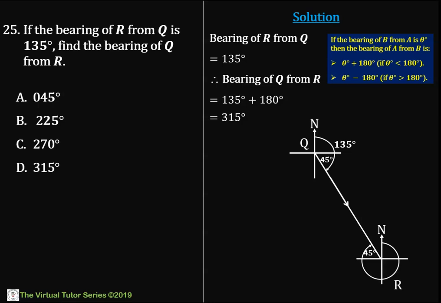And as said earlier, each quadrant is 90 degrees. Therefore, the bearing of Q from R is 90 degrees plus 90 degrees plus 90 degrees plus 45 degrees, which is equal to 315 degrees. Hence, the correct answer is option D.